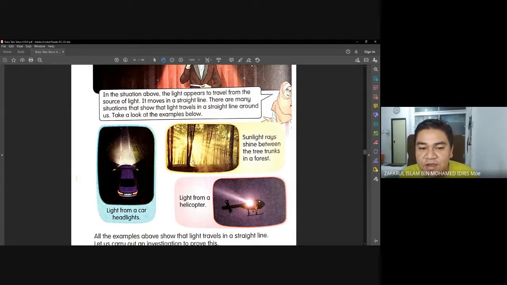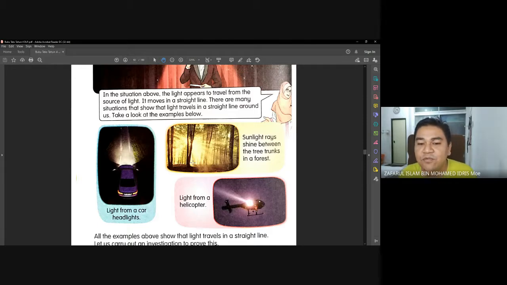Kenapa terjadinya gerhana? Sebab light travels in a straight line. Kerana cahaya bergerak dalam garis lurus. Sebab itulah jadinya gerhana. Contoh gerhana bulan. Kenapa gerhana bulan terjadi?